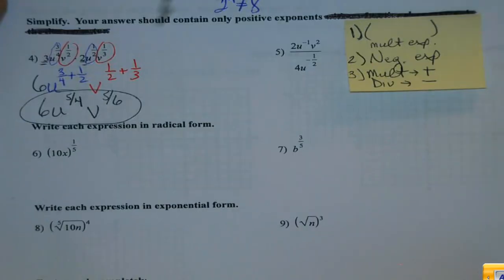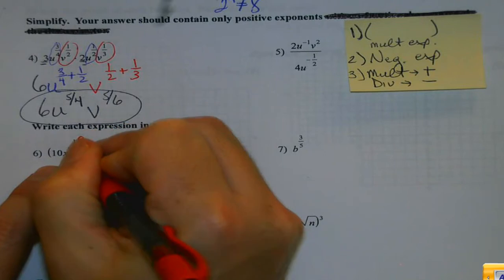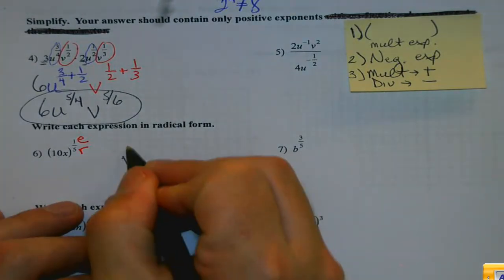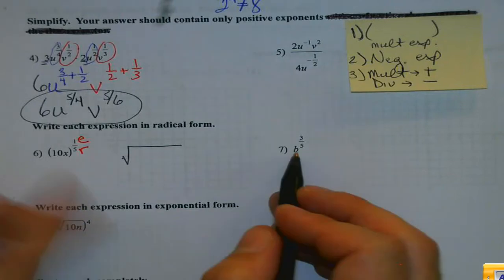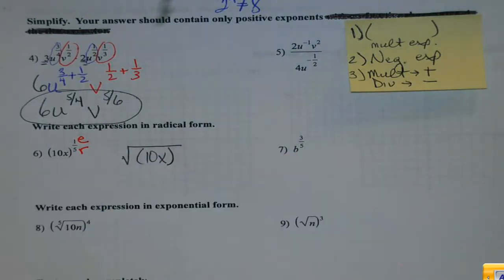All right, 6. Write each expression in radical form. Okay, we need a reminder here. When I see something in exponent form like this, this is my exponent, this little number on the bottom is my root. So when I go to write this in radical form, whatever's in the parentheses, or whatever my base is, goes underneath the radical.